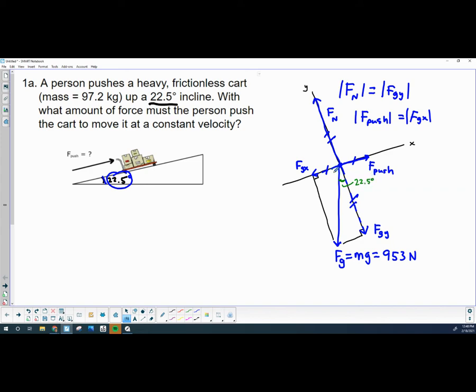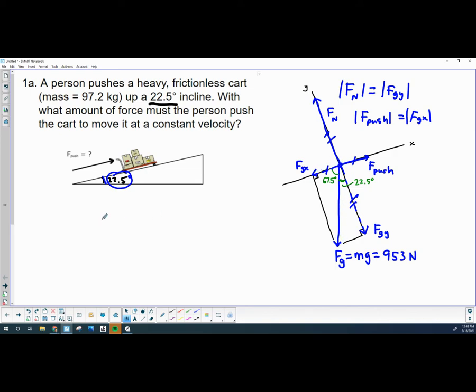And this angle here is 67.5 degrees. And I'm trying to find FGX. So I can really work with either one of those angles. I'm going to go ahead and work with the 67.5 because I'm trying to find the adjacent side, FGX, compared to the hypotenuse, which I know.